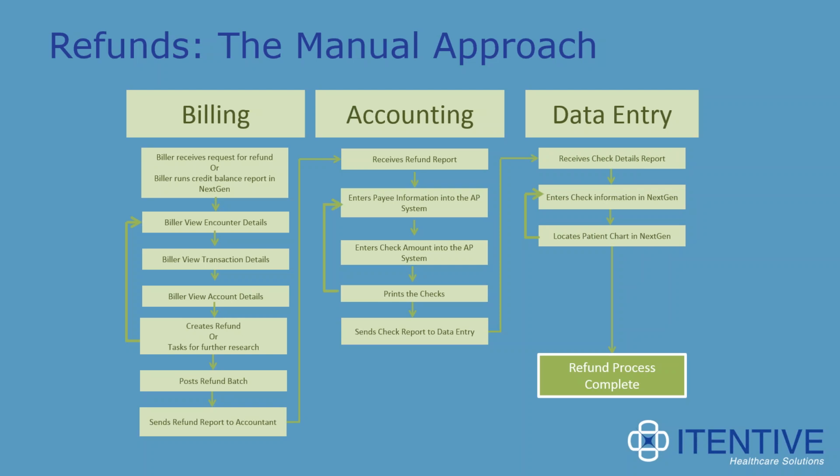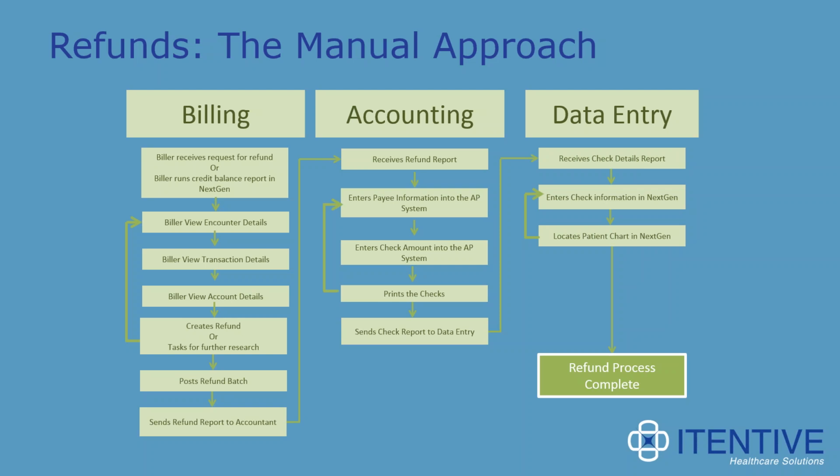And how that refund information gets over to accounting happens in many different ways in many different practices and health centers. It gets over there via word of mouth. It gets over to accounting on a spreadsheet. It gets over to accounting in an email. It gets over to accounting on a piece of paper that is either handed to somebody or maybe dropped on somebody's desk.